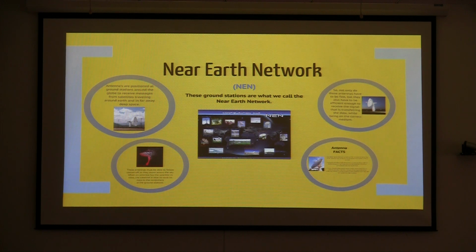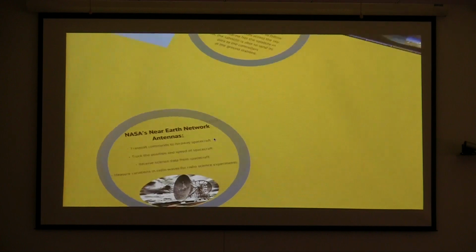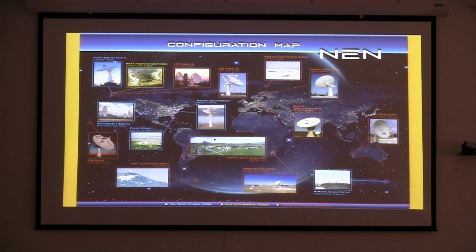So the Near-Earth Network has antennas all around the world, which I have here. And the Near-Earth Network is a little unique in what it does. We have Near-Earth Network antennas that are owned and operated by NASA. Those are the ones in blue, like in White Sands, New Mexico, Ponce de Leon, and the Alaska Satellite Facility, and even a couple down in McMurdo Station, Antarctica.